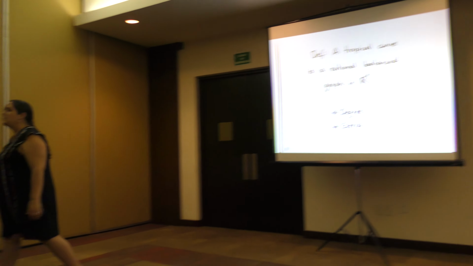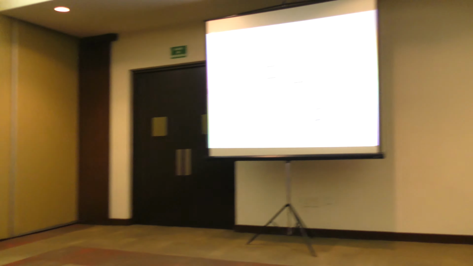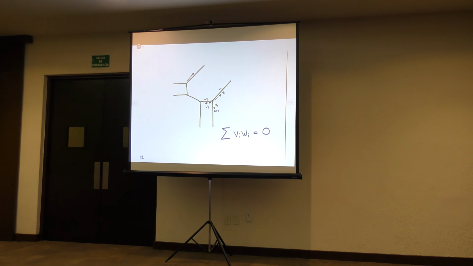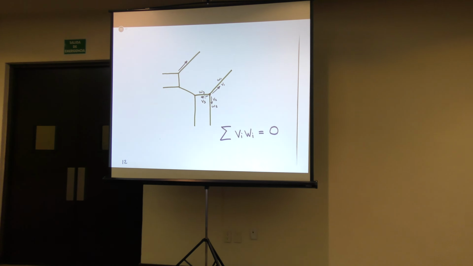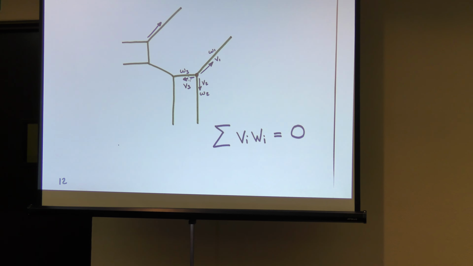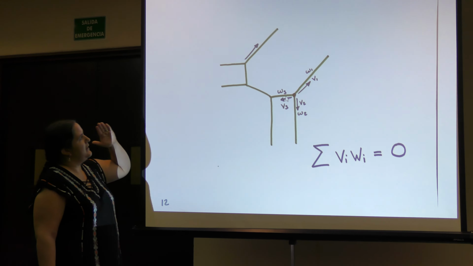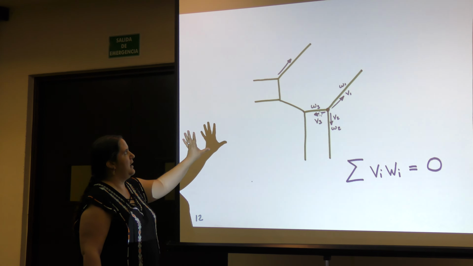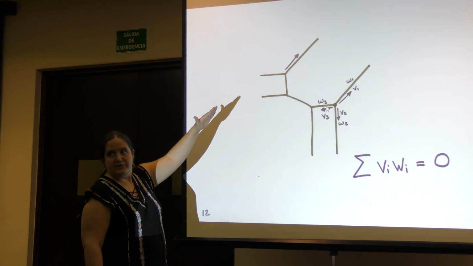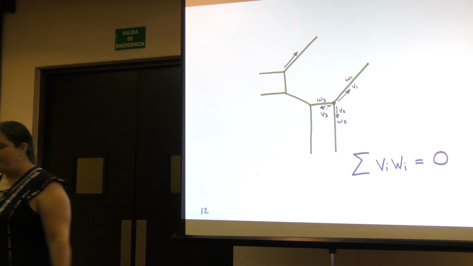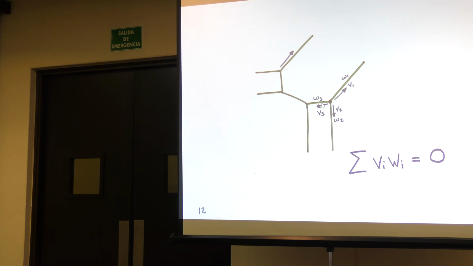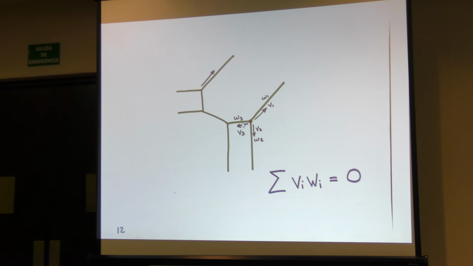Then I can ask the same question. I'm going to make a picture of the definition. Rational means that each edge of the embedded graph in Rn is parallel to a vector with integer coordinates.